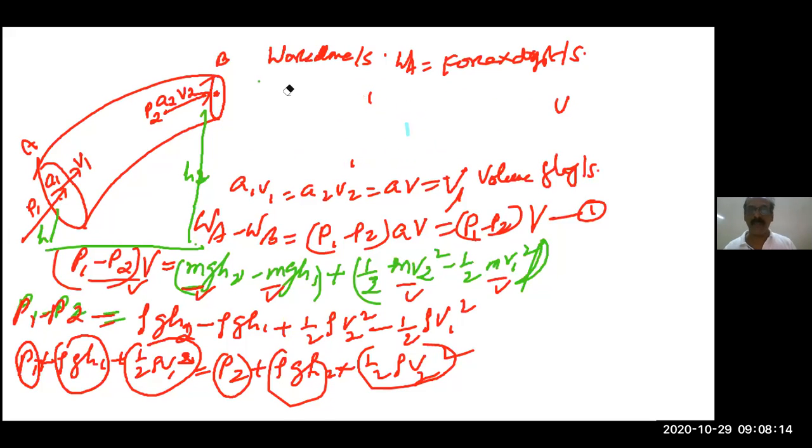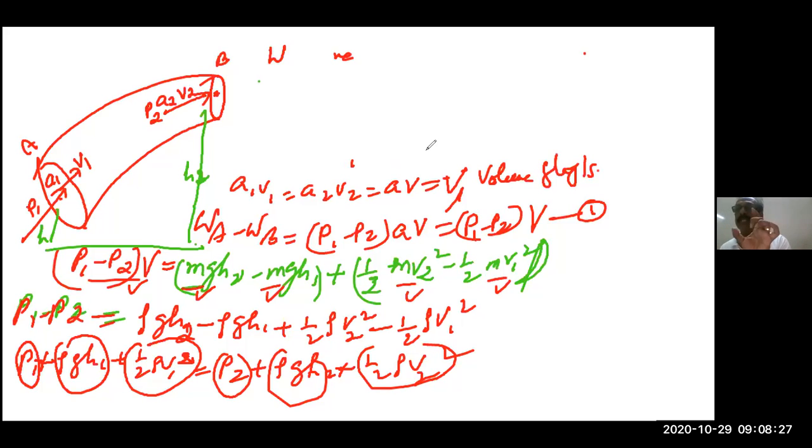What is Bernoulli's theorem? The sum of pressure energy, potential energy and kinetic energy per unit volume at every point in a liquid or fluid in a streamlined flow, or ideal fluid, we can say. Ideal fluid, that's better, instead of streamlined flow.